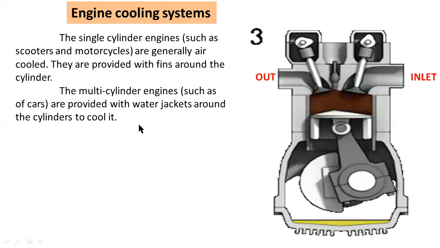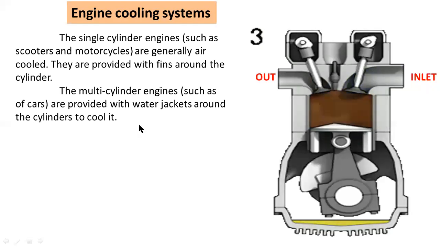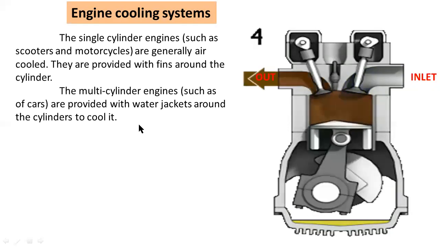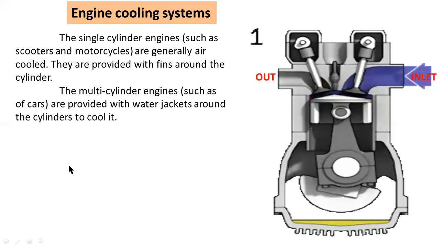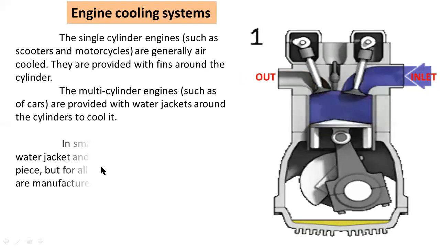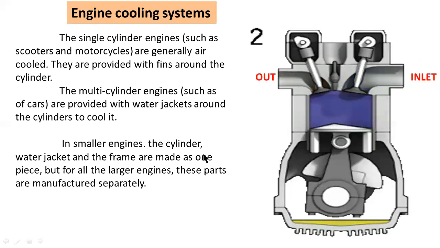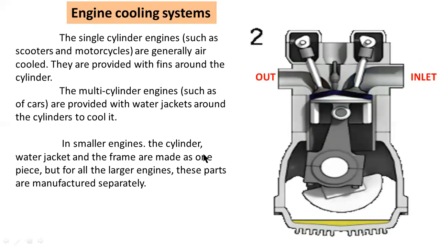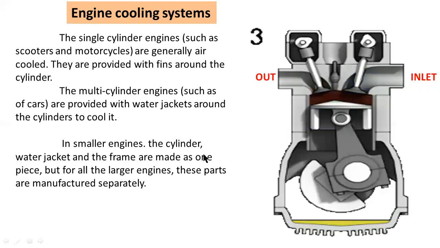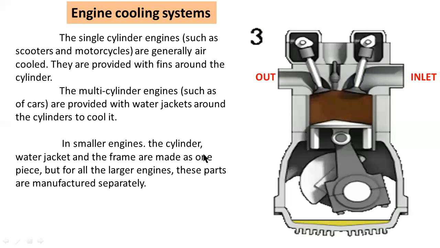The multi-cylinder engines, for example cars, lorries, buses, are provided with water jackets around the cylinders to cool them. In smaller engines, the cylinder water jacket and the frame are made as one piece, but for the larger engines, these parts are manufactured separately.